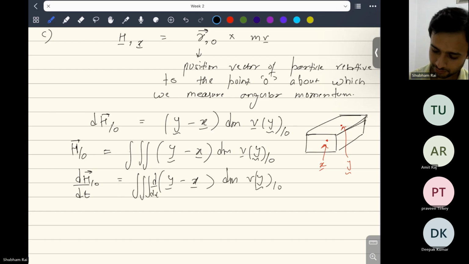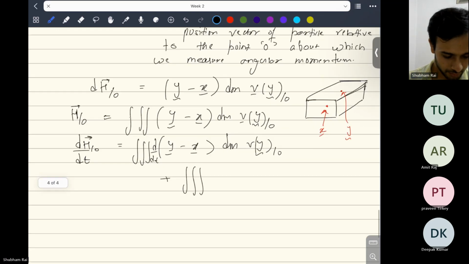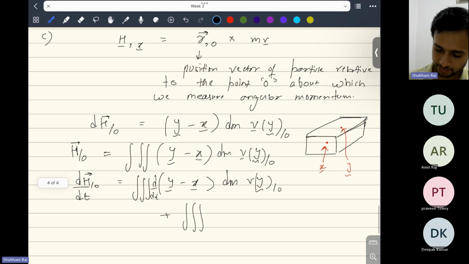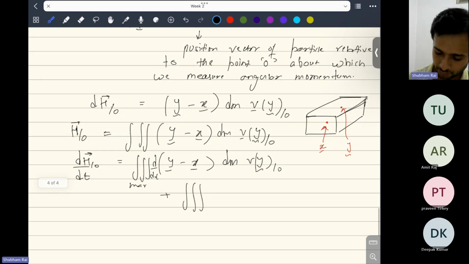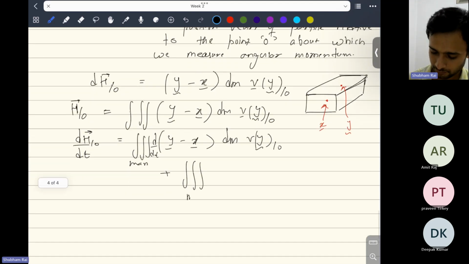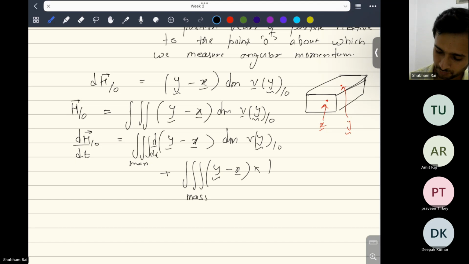plus we have to do integration. Here we are integrating with respect to mass, and here also we are integrating with respect to mass. I'm just applying the product rule, since mass is not going to change. So that will be the velocity, dv by dt.